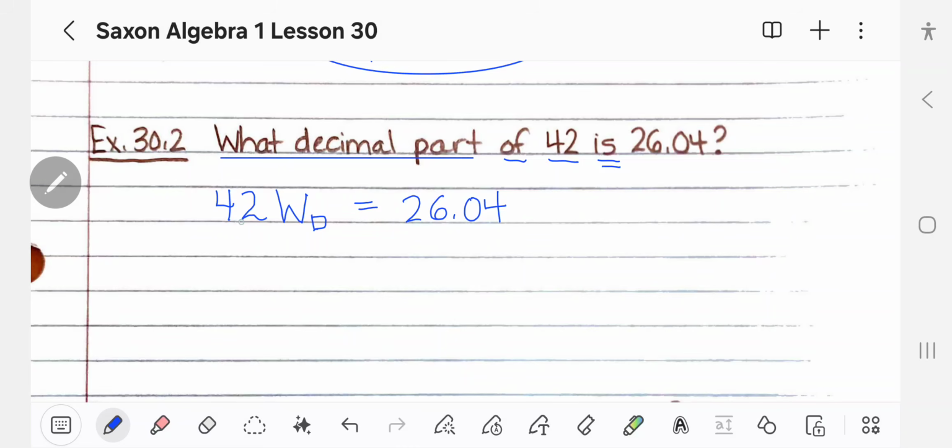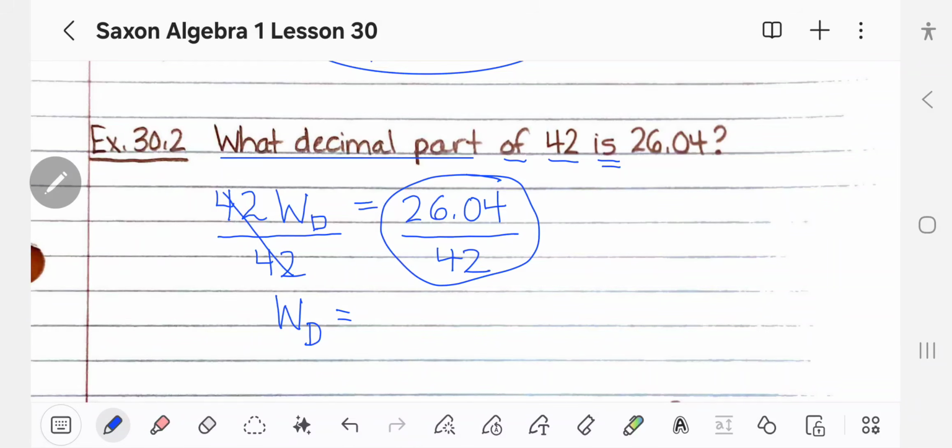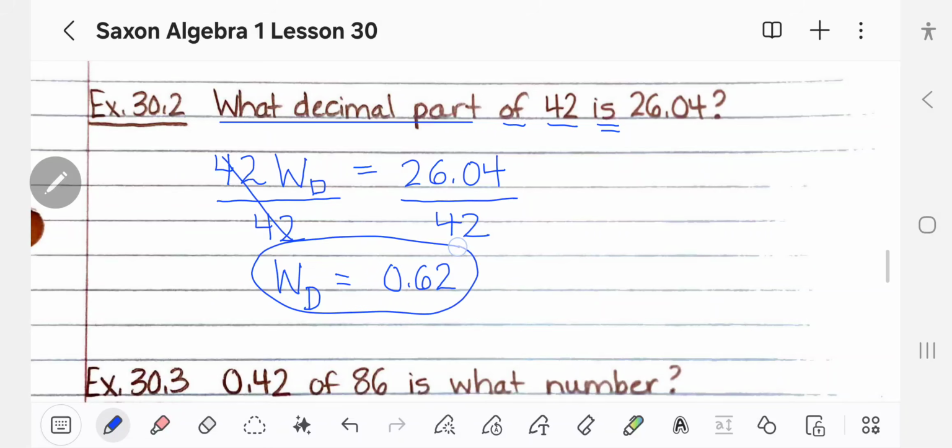Now I have an equation and they're multiplying the variable by 42, so let's divide the variable by 42 and let's balance the other side. So what decimal is going to be equal to this computation? Well, you can work that computation out and you're going to find out that it's 62 hundredths. Now, we estimated it would be something a little more than 5/10, and it is. So we did a good job on our estimate.